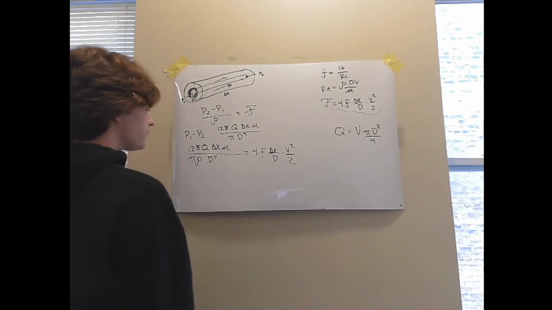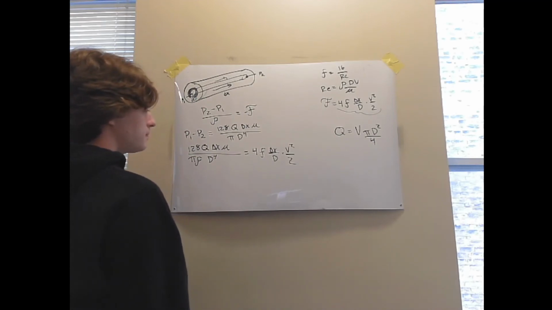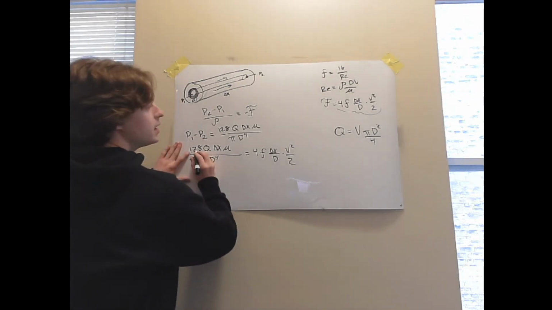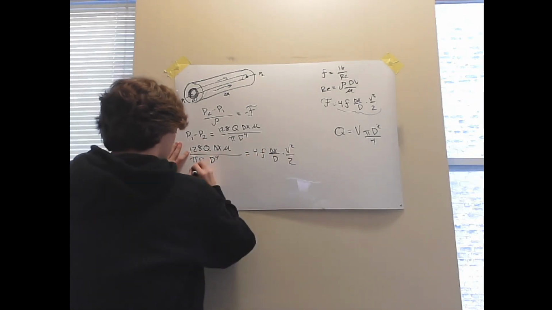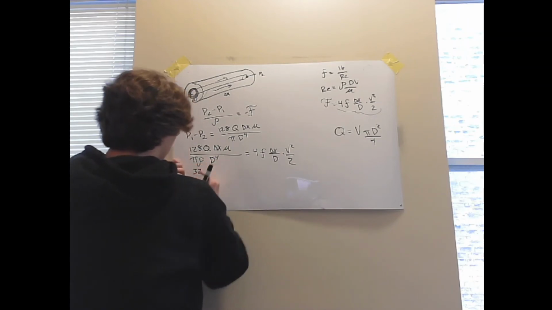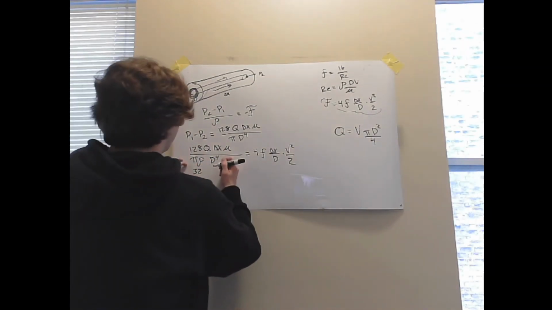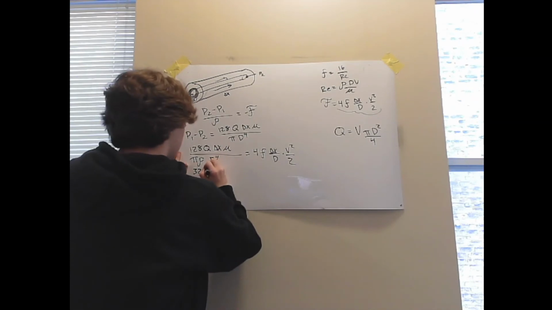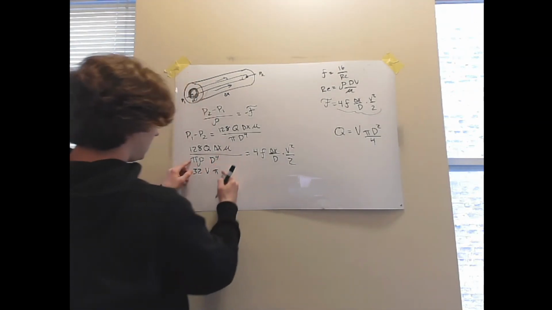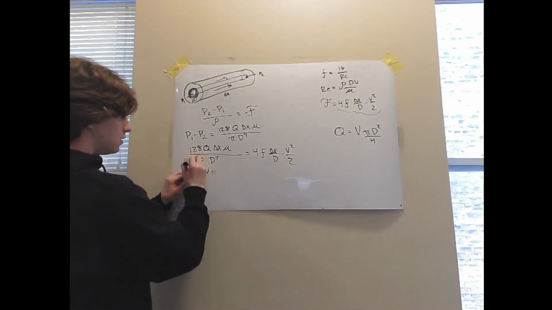So I'm going to plug that in. We're going to have 128 divided by 4 is 32, times V. Pi and pi cancel out.